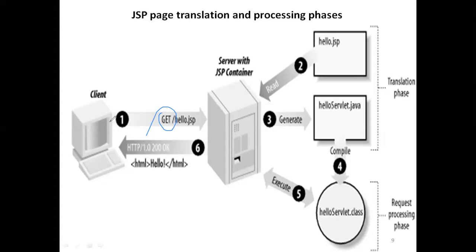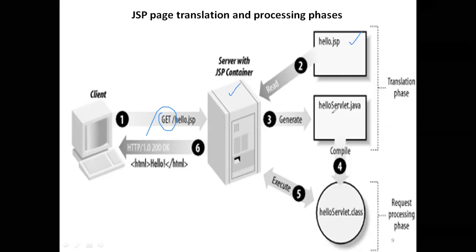If you see step number 1, from the client there is a request called get hello.jsp. This request comes to the server which has a JSP container. There will be hello.jsp on the hard disk of that machine. It will be loaded into the memory. Then the JSP is converted into the servlet.